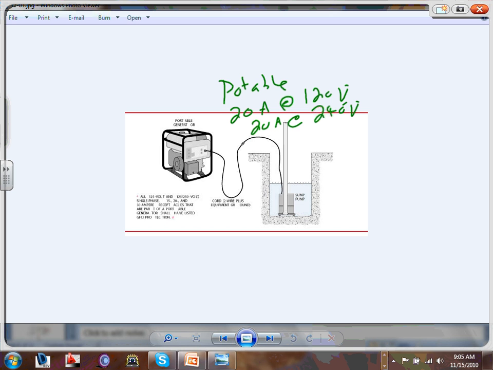If this pump was 5 horsepower, then you need your generator to be able to pick up 5 horsepower at 240. So what's the full load current for 5 horsepower at 240?